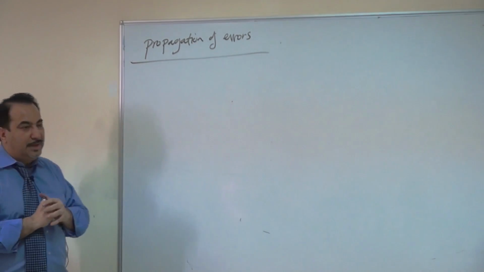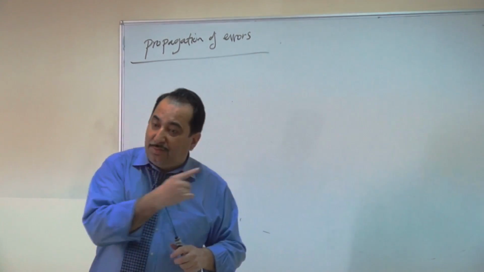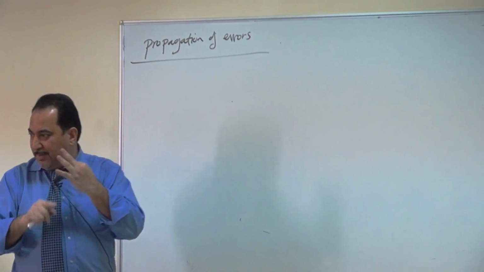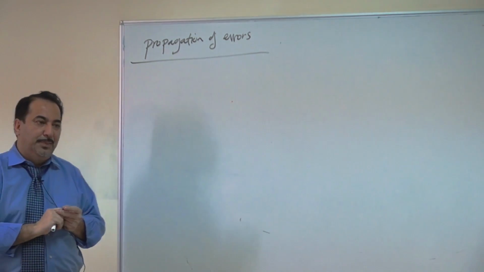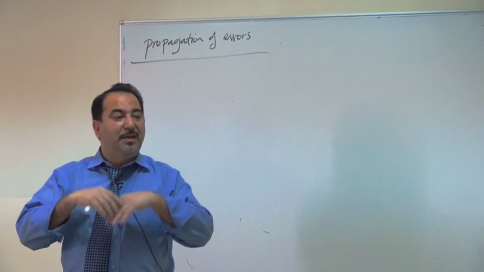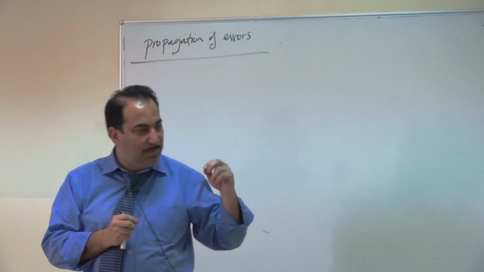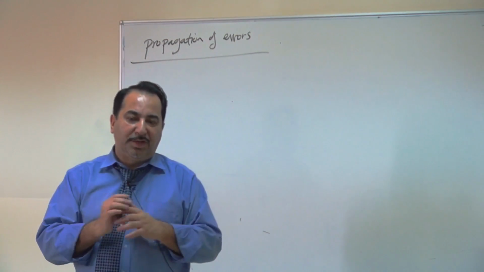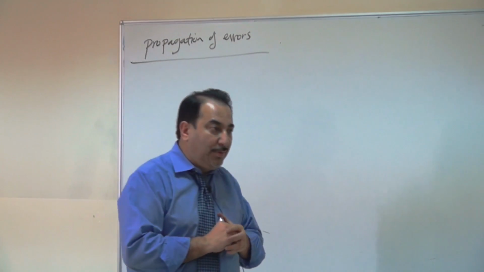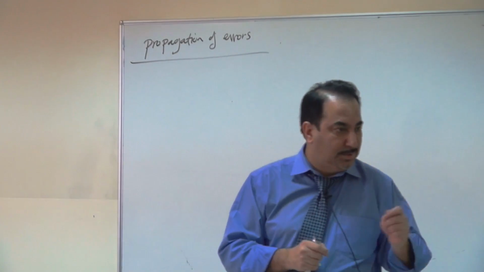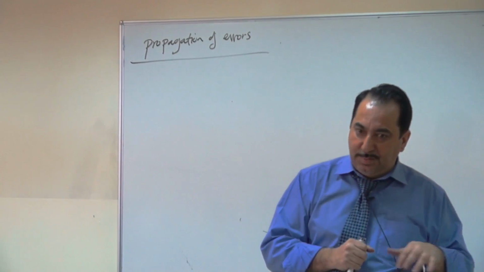But before I give you the example, there are three methods to calculate the propagation of errors. First method, I don't use it in this course, but you should be aware of it, by finding the maximum and minimum. The second method is by using calculus, derivatives, and this is the method we use in this course.